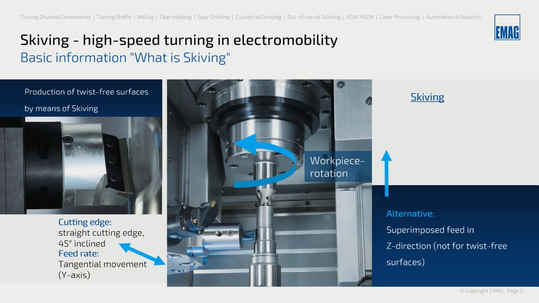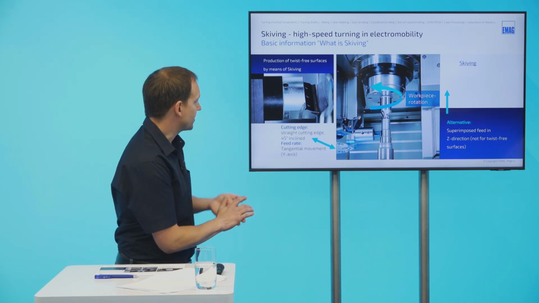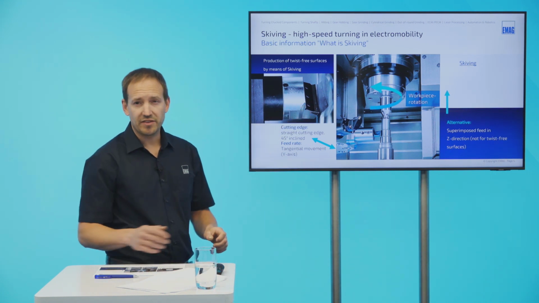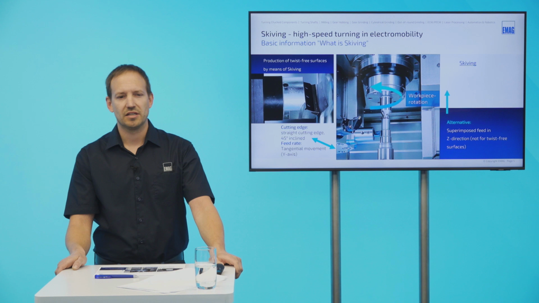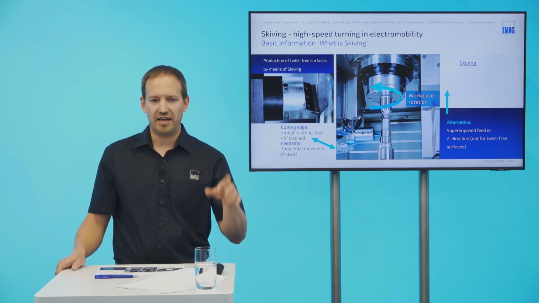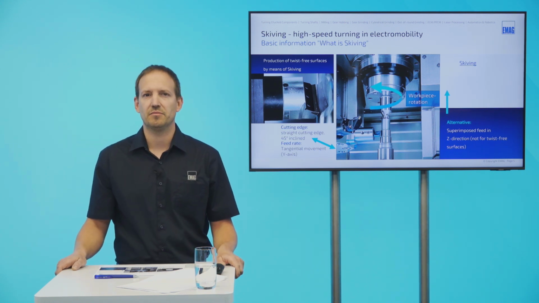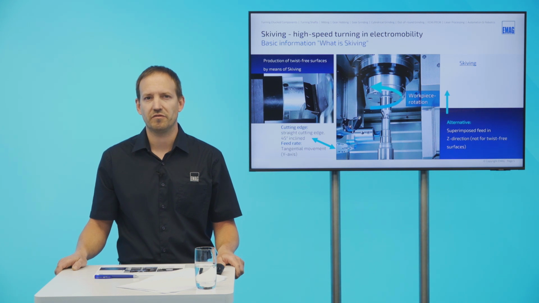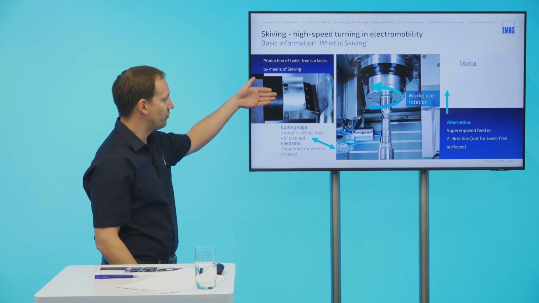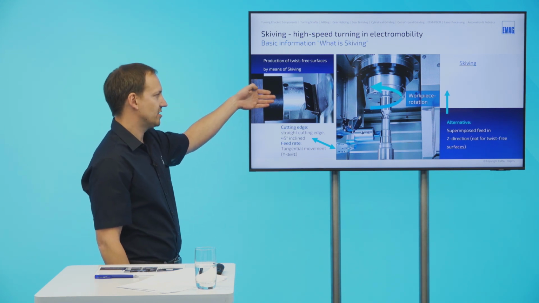Here on the left side we see our skiving insert. It's a bit different from a standard cutting insert. It is a very long insert, limited to a length of 50 millimeters. And the tool has a tangential movement.